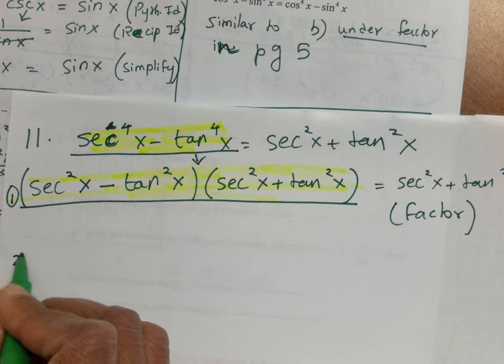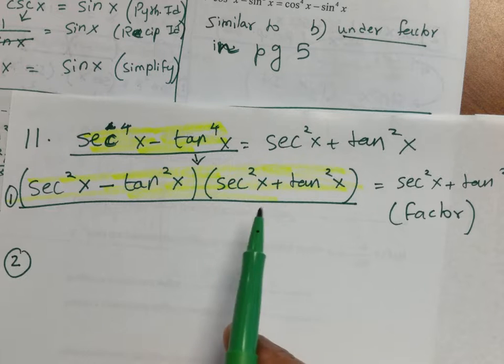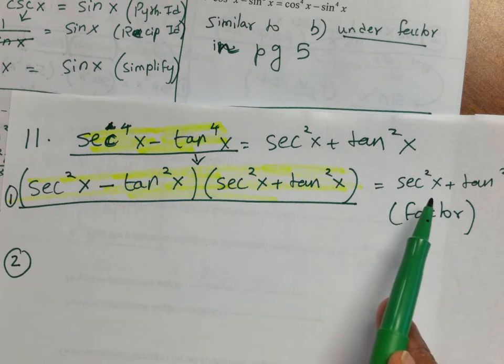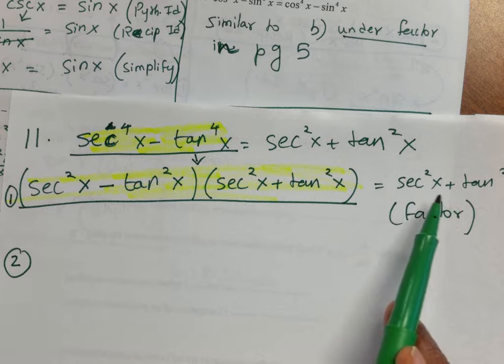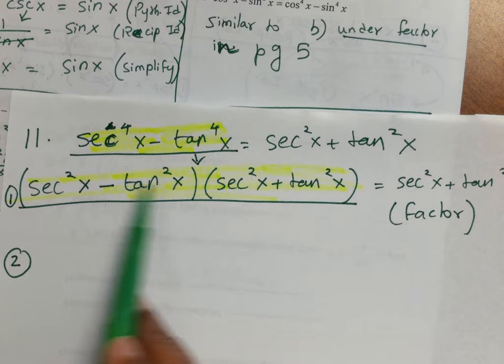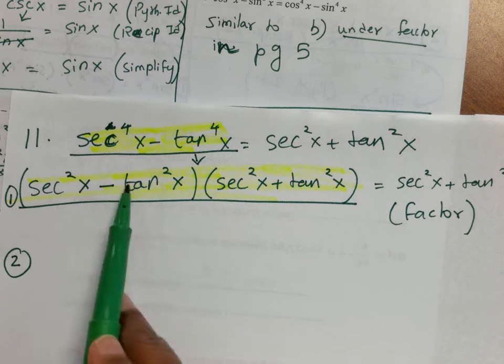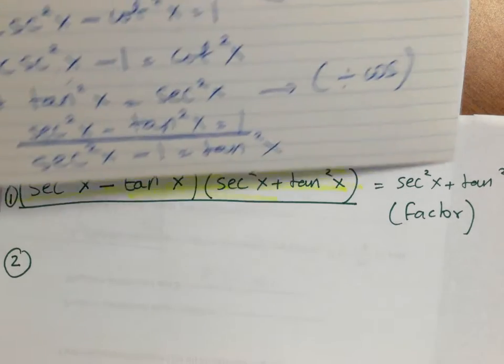Now I'm going to look at my Pythagorean ID and see if any of them can be replaced. And you have to keep your eye on the other side that you're not solving. On the right hand side, there is secant square plus tan square. So what can I do to this? Secant square minus tan square, I'm going to go ahead and look at my Pythagorean ID statements.